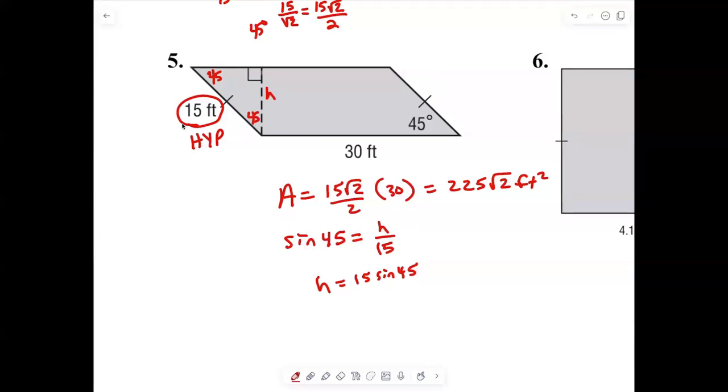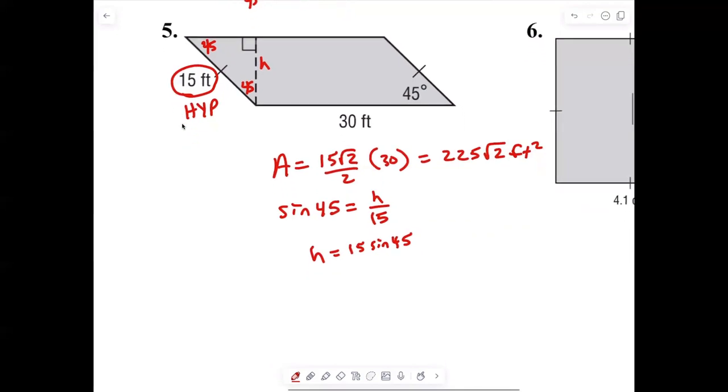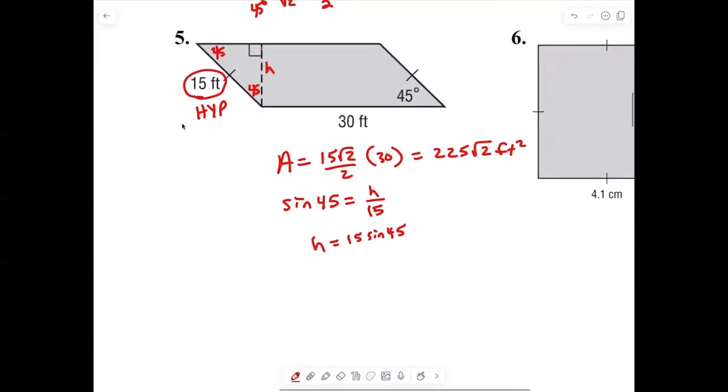Anybody have any questions with that? And now take the 15 sine 45 answer and multiply that by 30, and that should be the same as 225 radical 2.